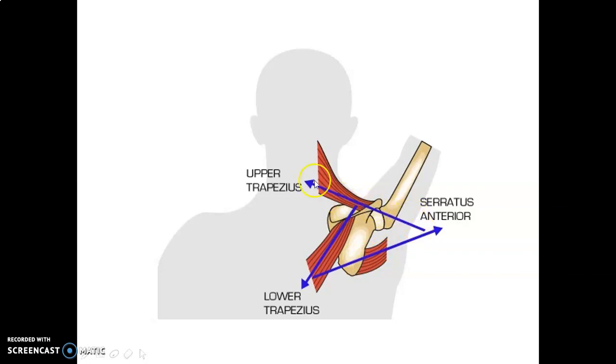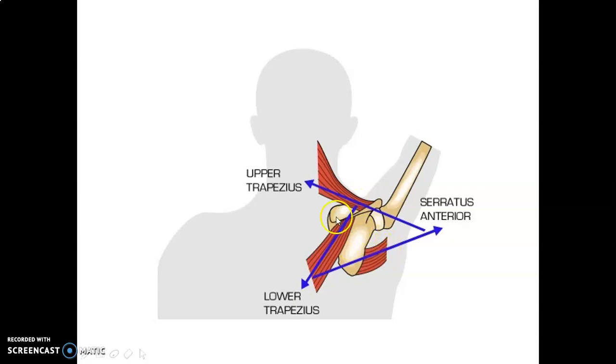Another one is the upper trapezius, which is attached to the, I already told you the attachment, superior attachment. This is the insertion of the upper trapezius, attached to the spine of the scapula. So when this pulls, it will totally tilt the scapula.